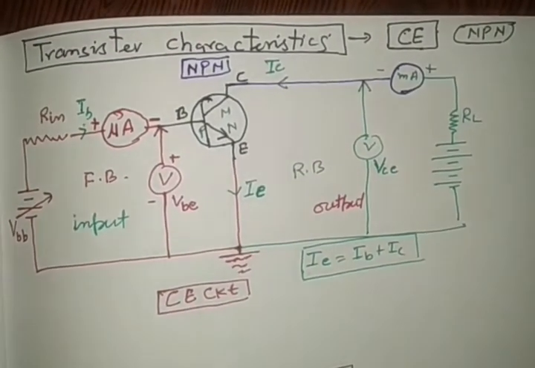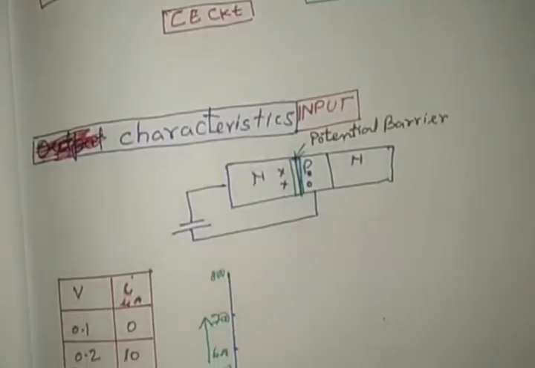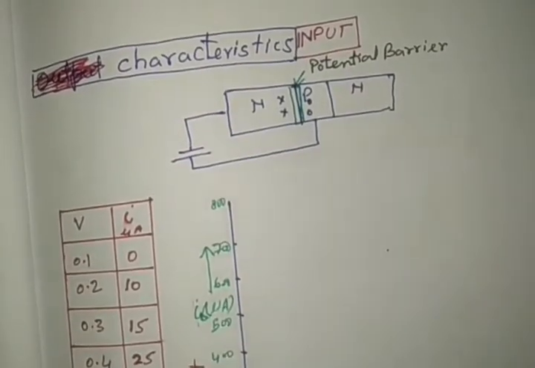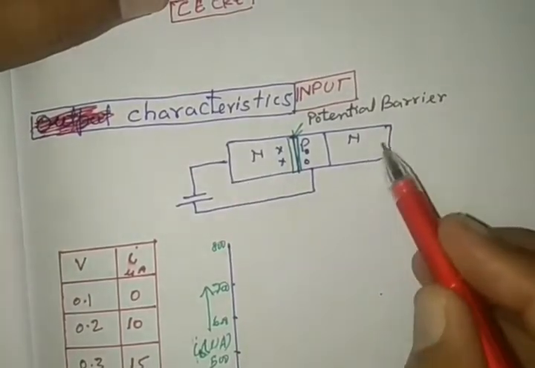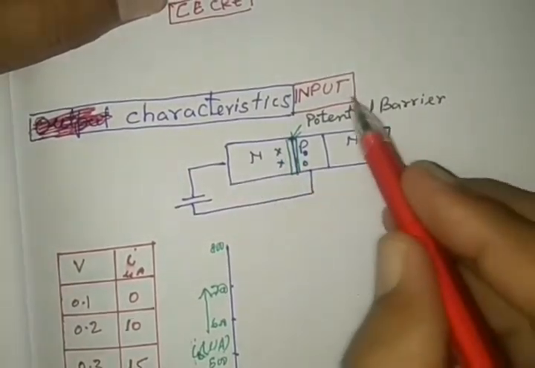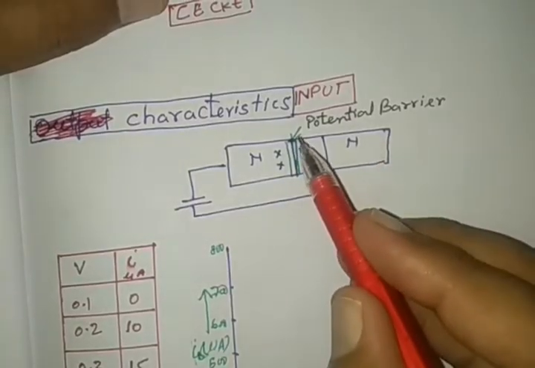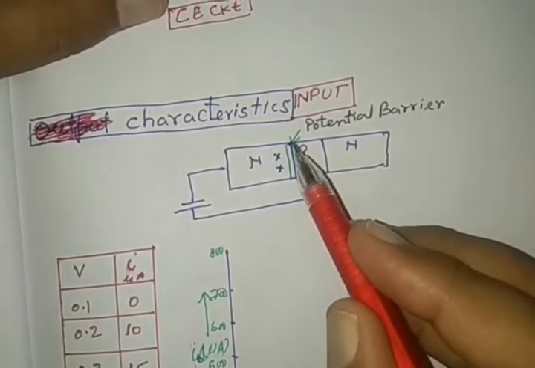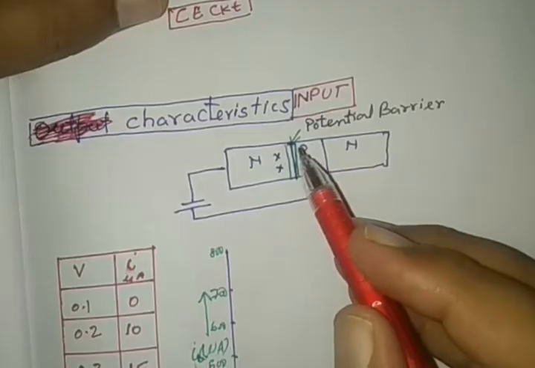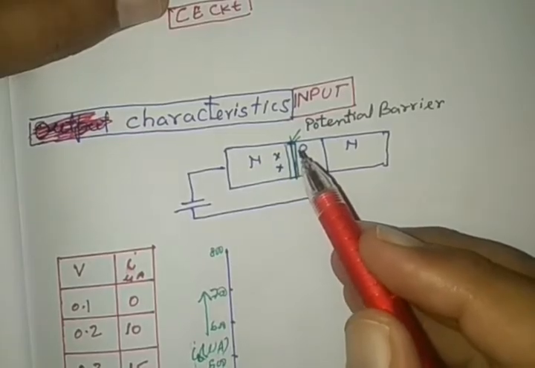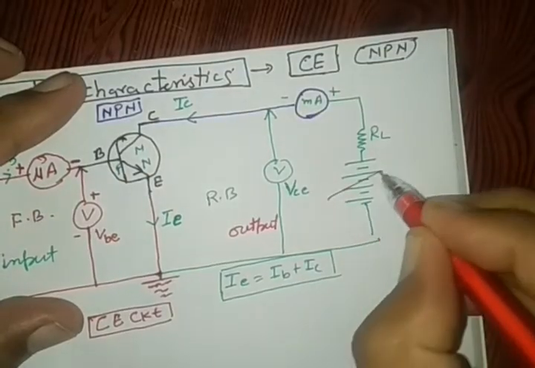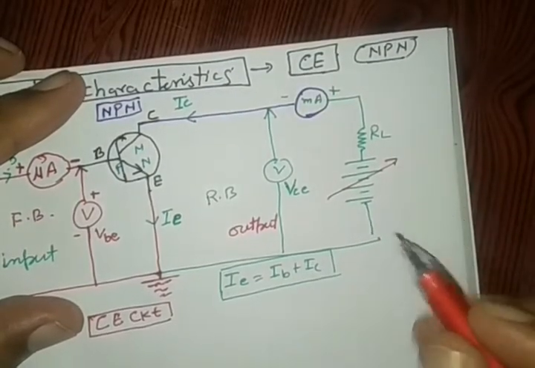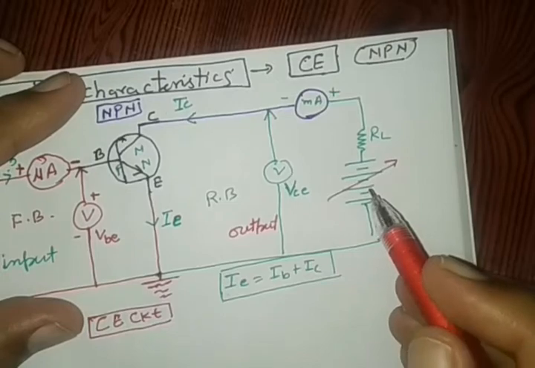So now see the input characteristic here. To understand it, see this circuit very carefully. I said in the beginning that the voltages are varied in both the input and output circuits. The variable voltage is regulated by connecting a rheostat in the circuit.